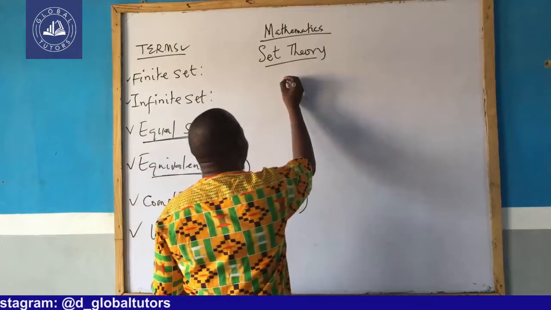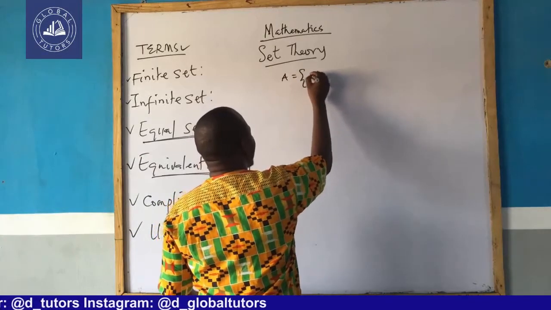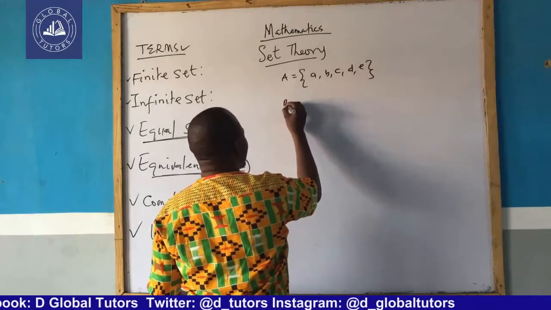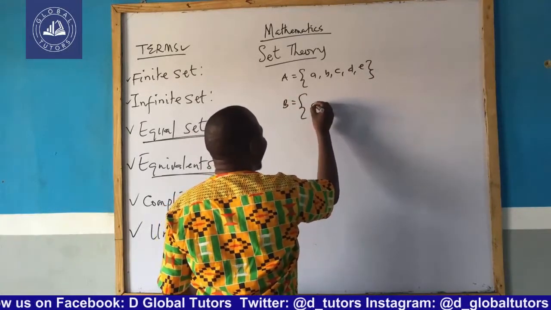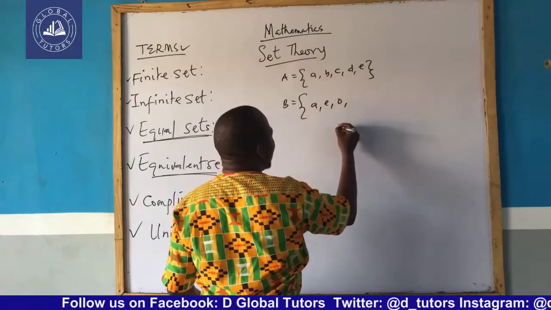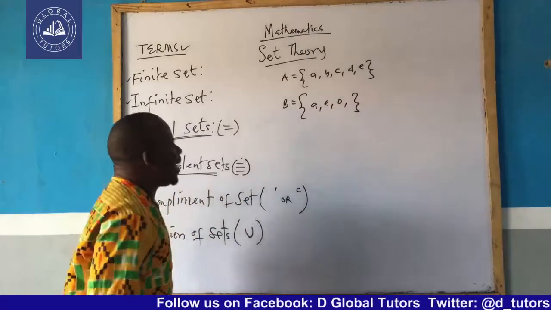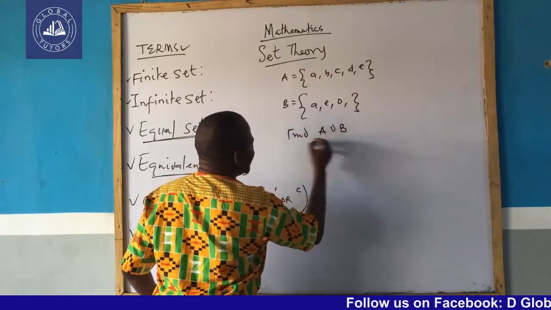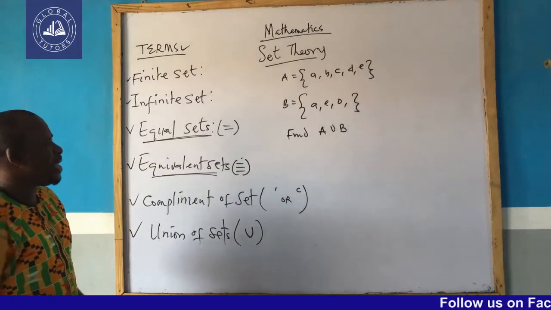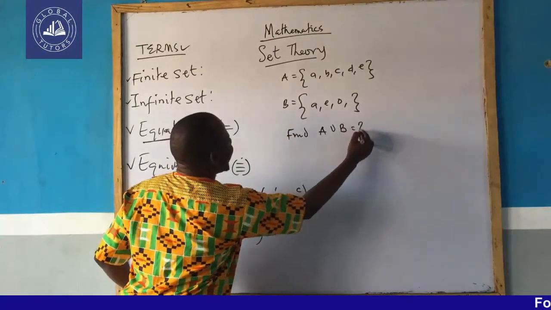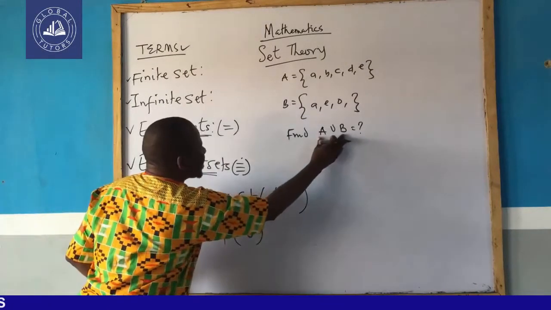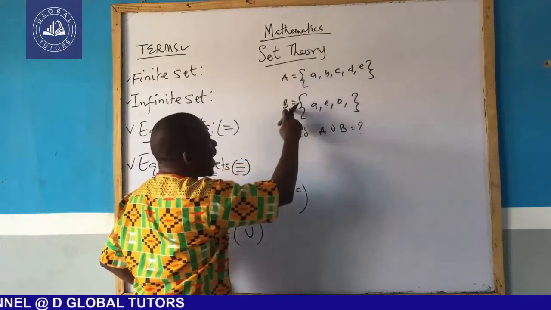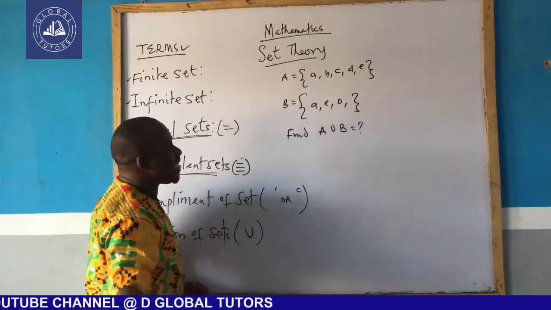Let's consider this. I have a set A. It contains A, B, C, D, E. Then I have a set B. Set B contains A, E, O. My question now is, find A union B. If the question asks you to find A union B, the examiner expects you to list the elements in A and the elements in B without repeating any element.